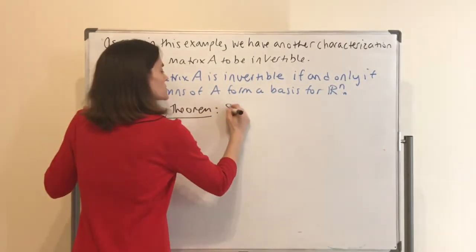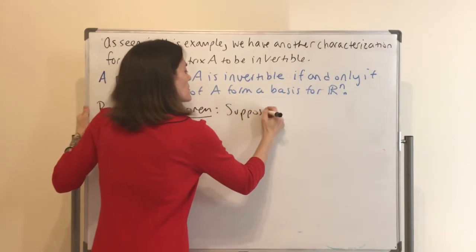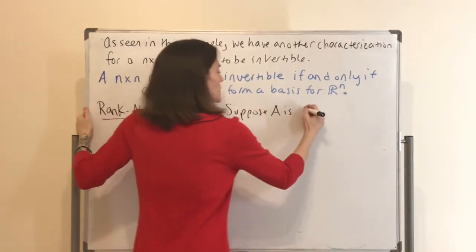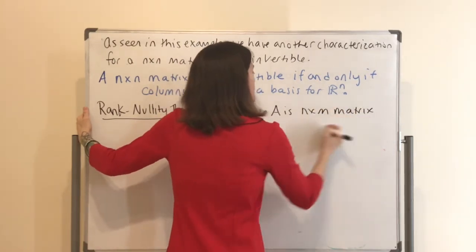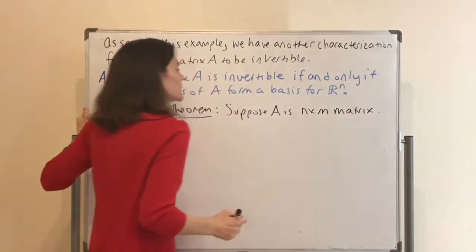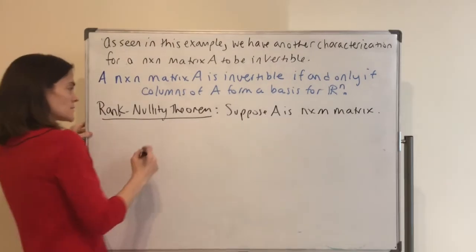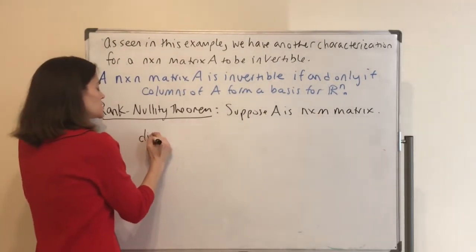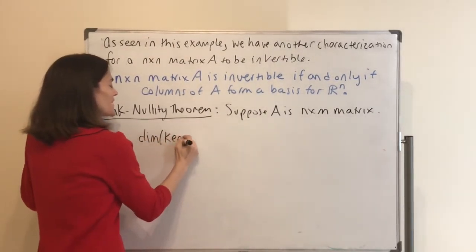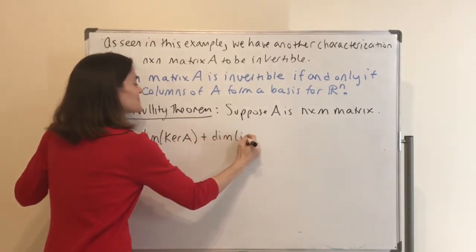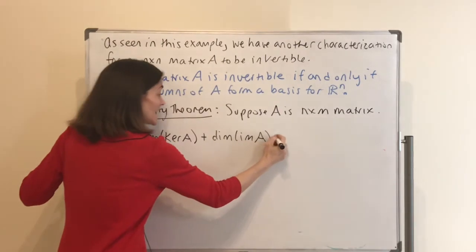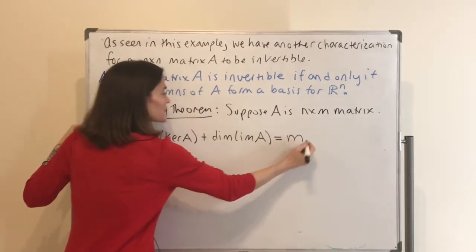So suppose A is n by m matrix. Okay, this theorem says the following. The dimension of the kernel of A plus the dimension of the image of A is the number of columns.